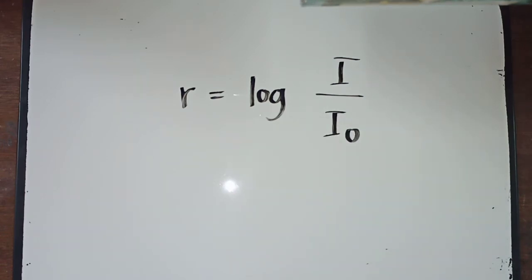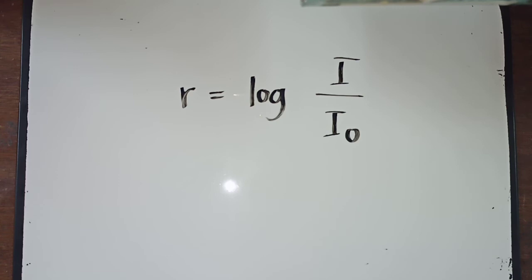To get how strong an earthquake is, or its magnitude, we will use this Richter scale, or R is equal to the logarithm of I over I sub 0.